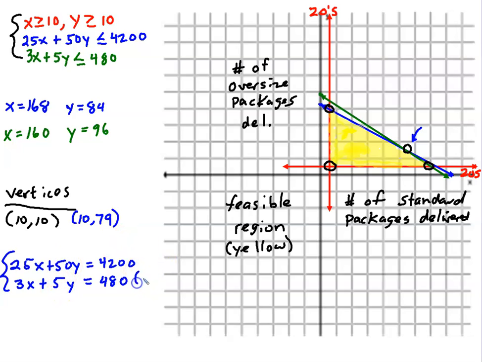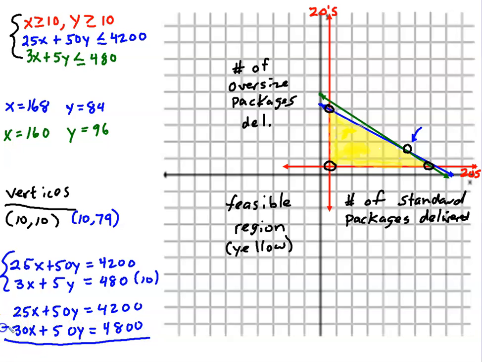So multiply by 10, not doing anything to the top equation. 25x plus 50y is 4200. 30x plus 50y is 4800. And subtraction eliminates y.